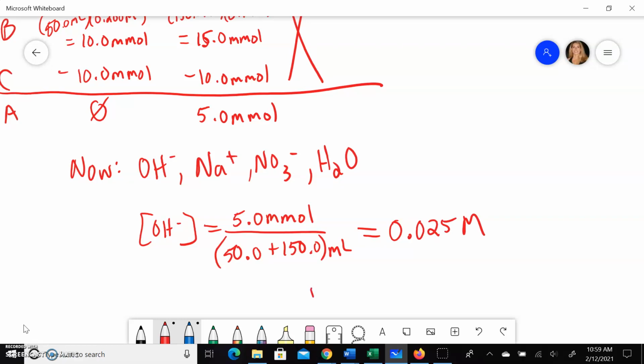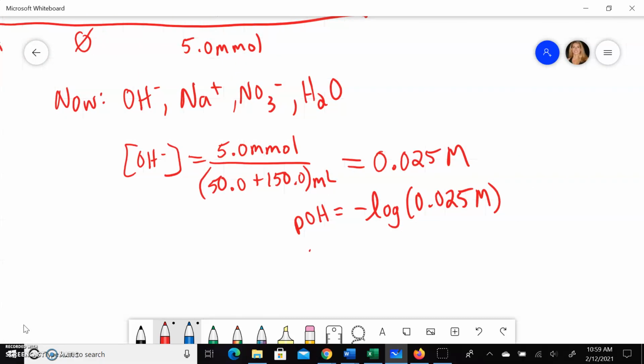So we can take the negative log of that to get the pOH. But be careful, it's not the pH yet, that's the pOH because we're dealing with hydroxide. And so the pOH is equal to 1.6, and then you just subtract from 14.